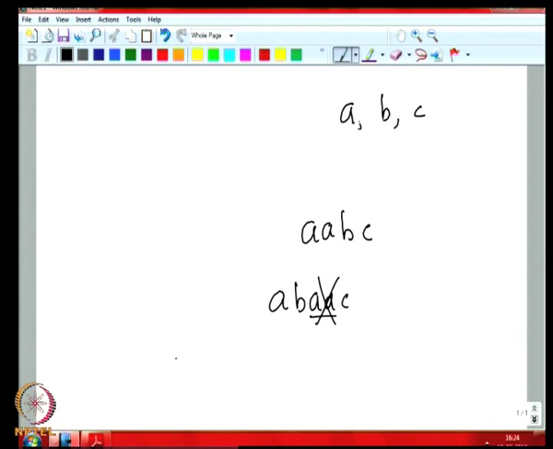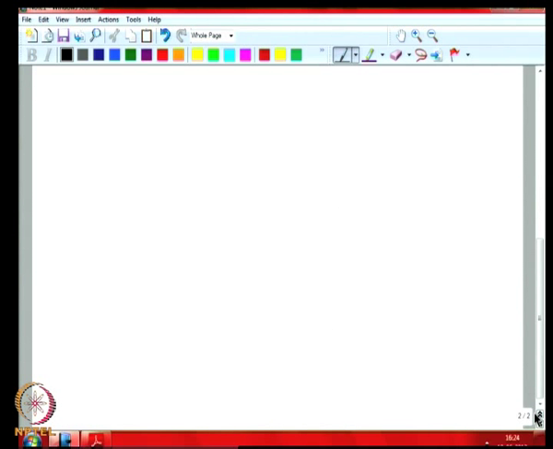Whether you have other methods or not, we are not interested. As of now we want to write a recurrence relation and then solve it to get the answer. So, what kind of recurrence relation can be written here?